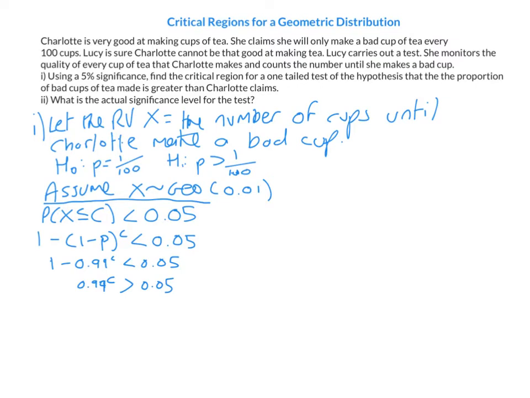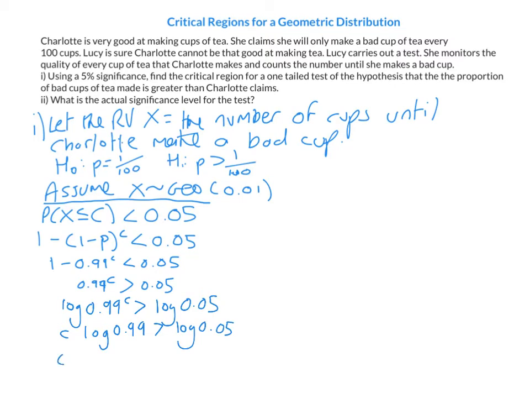We solve here using logs. So log 0.99 to the c is greater than log 0.05. Bring down the c. c times log 0.99 is greater than log 0.05.